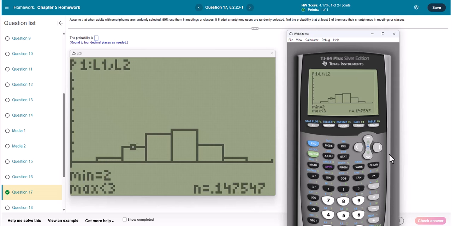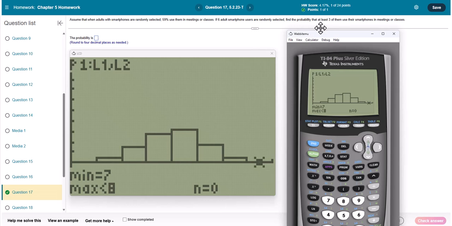The next bar represents the likelihood, given here as a decimal, that 2 of the 6 would, and so forth: 3, 4, 5, 6. Of course, since there are only 6, the probability that 7 would use their smartphones is 0 because there aren't 7 people.